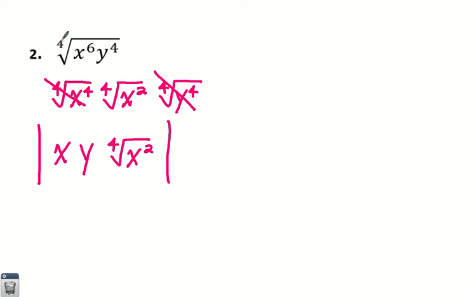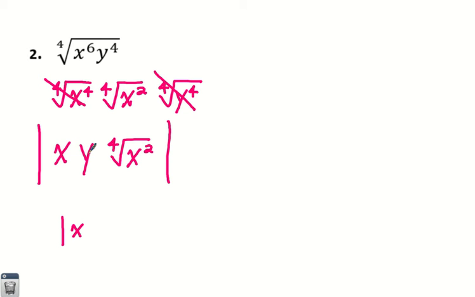But I think in this case, and again, feel free to just leave it like this, we need the absolute value to be around the x, because this x could potentially be negative. We can't allow that. And same thing for the y. Y can potentially be negative, but we can't allow that.